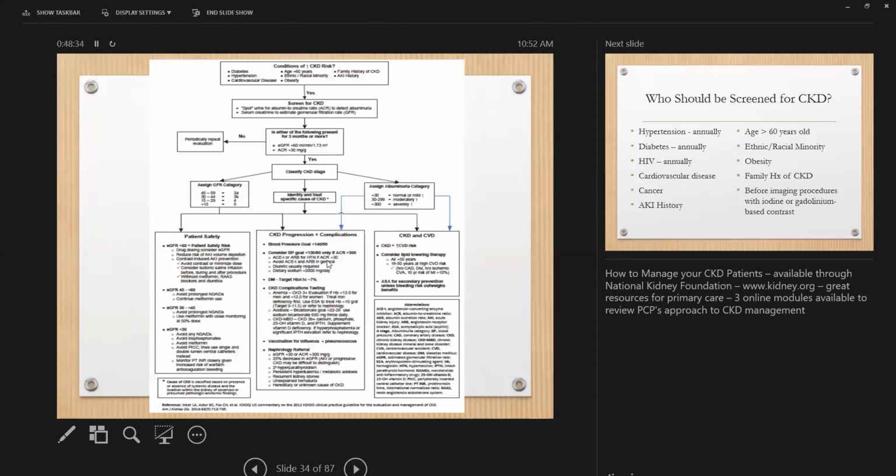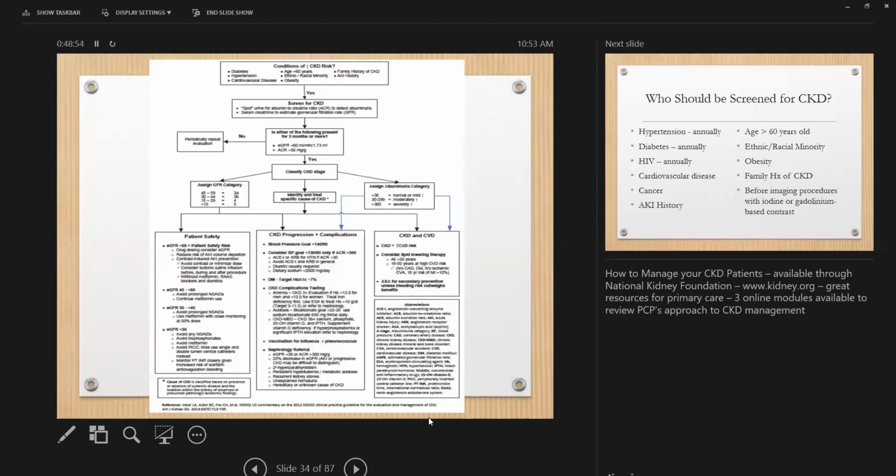You can try an ACE or an ARB, but it tells you when to try that. You could try a diuretic, and it talks to you about putting that person on a sodium-restricted diet. So it really walks you through the entire process. It also tells you when you should refer the person to nephrology.